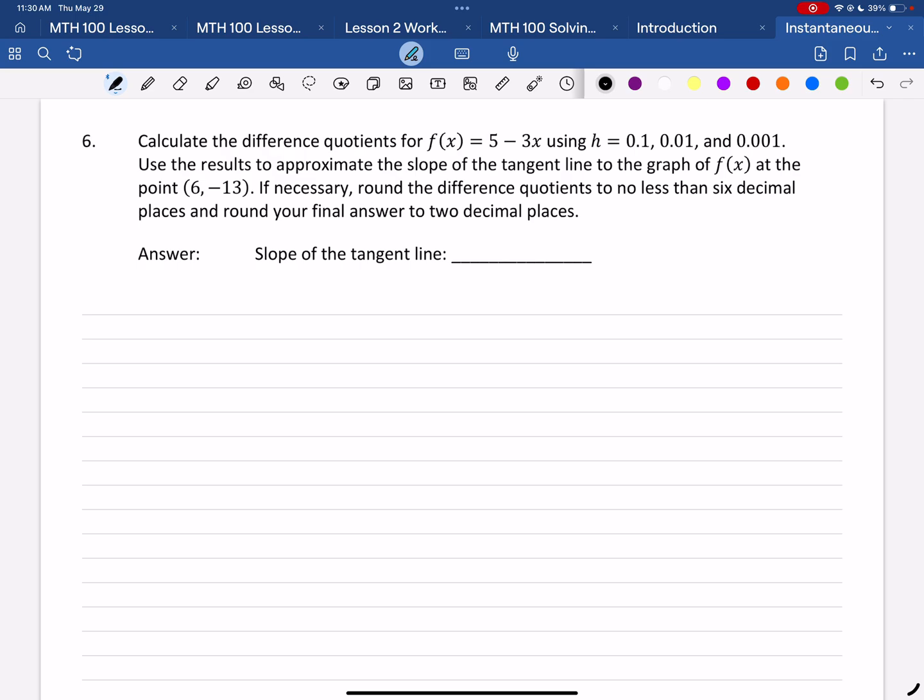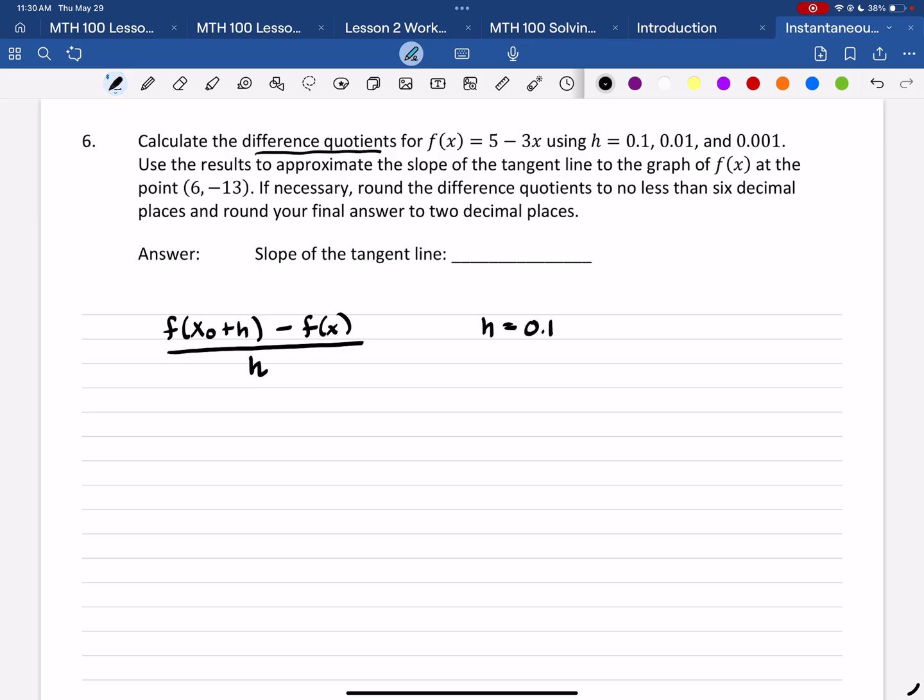So remember, our difference quotient is f of x sub 0 plus h minus f of x sub 0, divided by h. Now here, what we have is a value of h is 0.1.